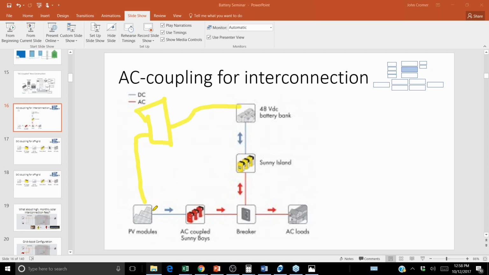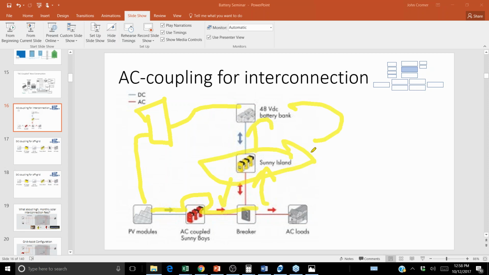Instead, under AC coupling, your solar array is being managed through an inverter, so you have a constant voltage output, in that case a 240 volt AC output. Then you go from your battery inverter, and you get your constant voltage being regulated by this battery inverter into the battery bank.